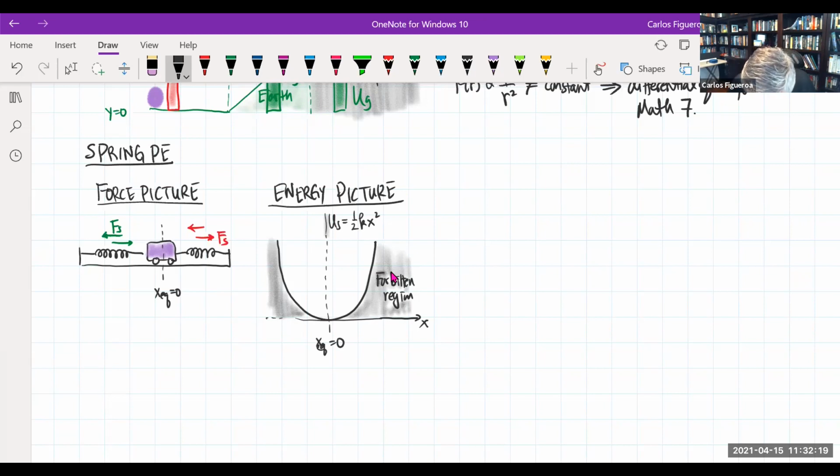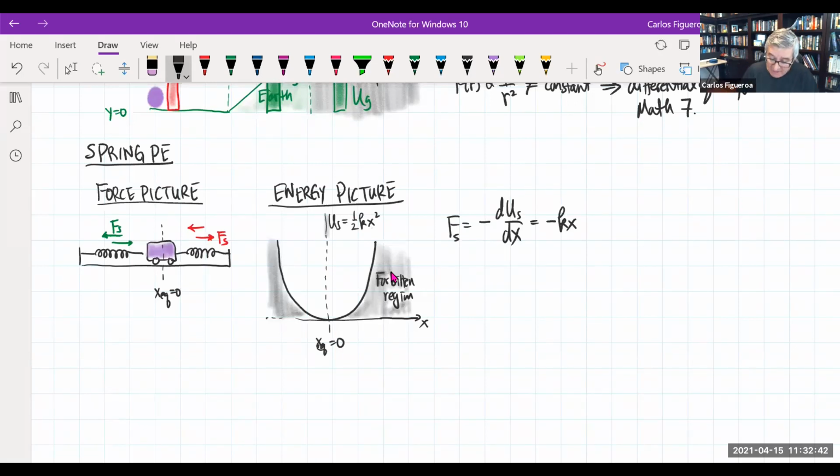We already said that the force is equal to the negative derivative of the potential function. When I take the derivative of x squared, I'm going to get a 2. They cancel out. So then I'm going to get minus kx, which is exactly the spring force.